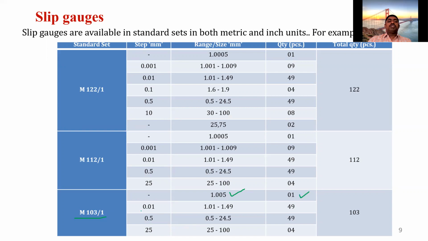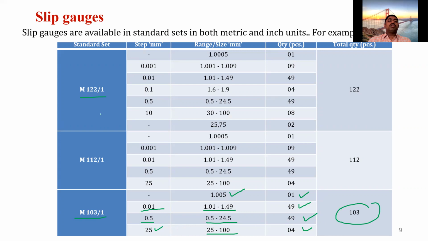And in the step 0.01, we have 49 slip gauges from 1.01 to 1.49. And in the step 0.5, we have 49 slip gauges, 0.5 to 24.5. And in the step 25, we have 4 slip gauges from 25 to 100 mm. That is, in total, we have 103 slip gauges.